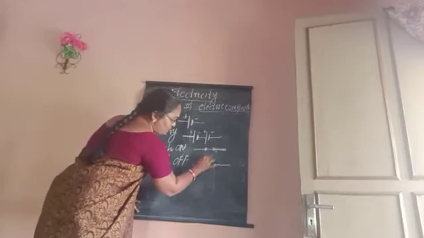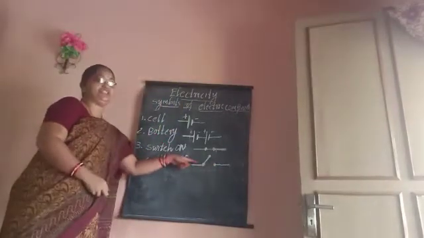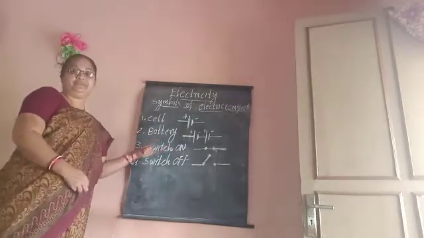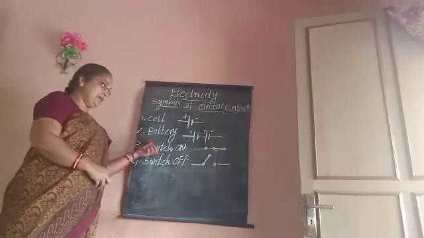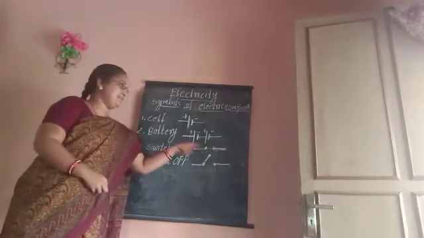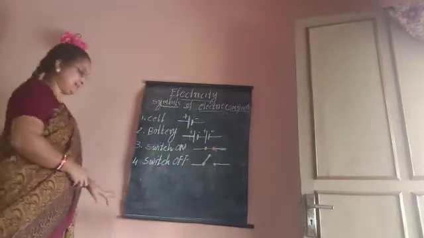If there is no connection, this is the symbol of switch in off position. Switch is also called a key. In the on position, the symbol is like this, and in the off position the symbol is like this.